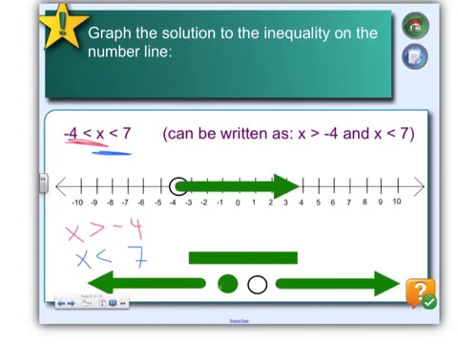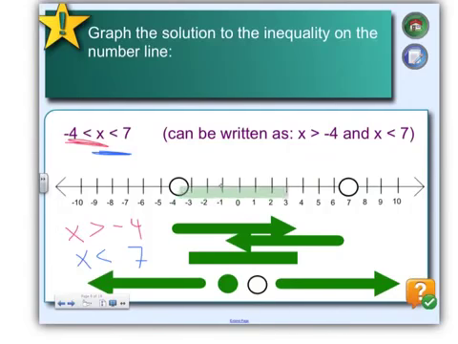And I also have x is less than 7, so I'll go ahead and put that on 7. And the arrow will point to the left, and you'll see that they connect. So actually, I'm going to replace that with one solid line that connects those 2 points to show that the solution must fall in between both of those numbers.